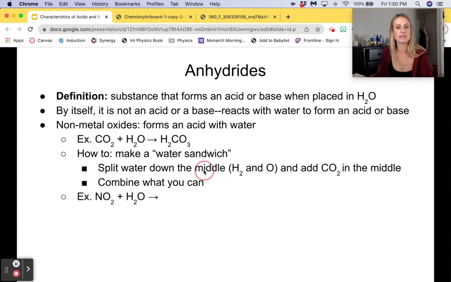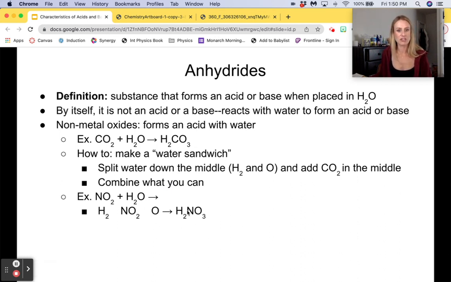So for another example here, I have nitrogen dioxide reacting with water. And so again, we want to split water down the middle. So I'm going to have H2 and then my O on the other side. And then I'm going to put my nitrogen dioxide in the middle. And so I should get hydrogen, nitrogen, and then look, I have 3 oxygens right here. So we're combining that.